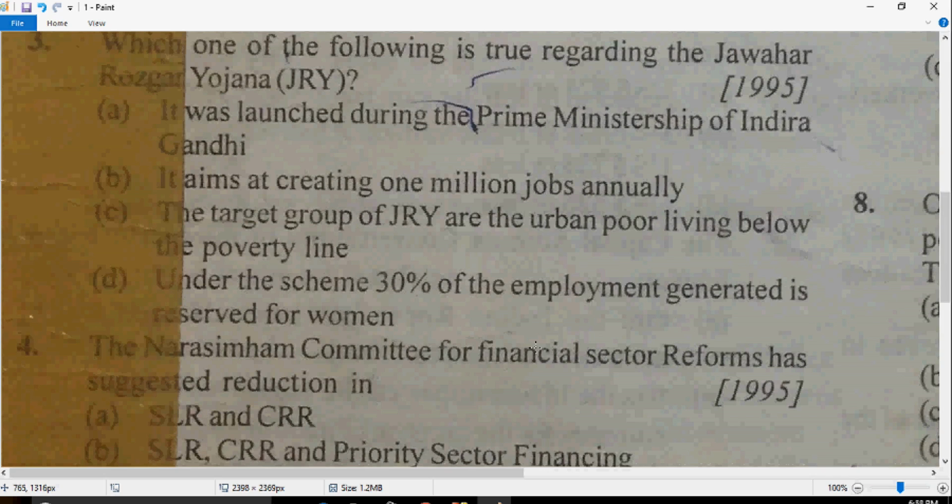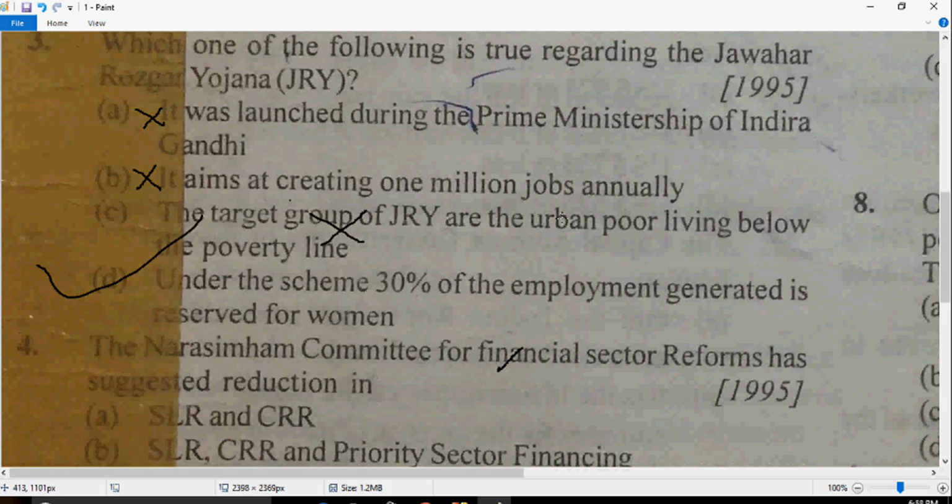No. So B will be wrong, of course. It was launched during the prime ministership of Indira Gandhi. No, that is wrong. Of course, the target group of Jawahar Rozgar Yojana is the urban poor living below the poverty line. That is also wrong.